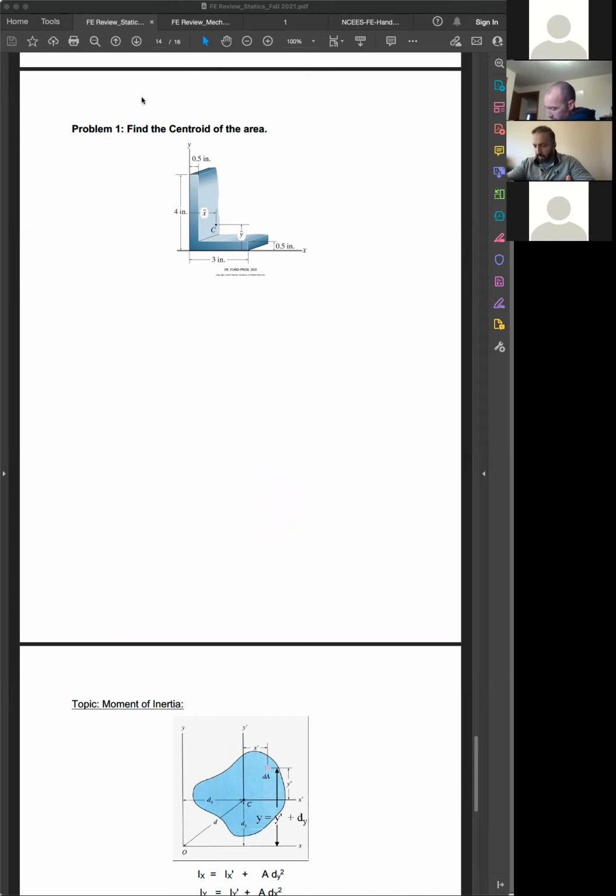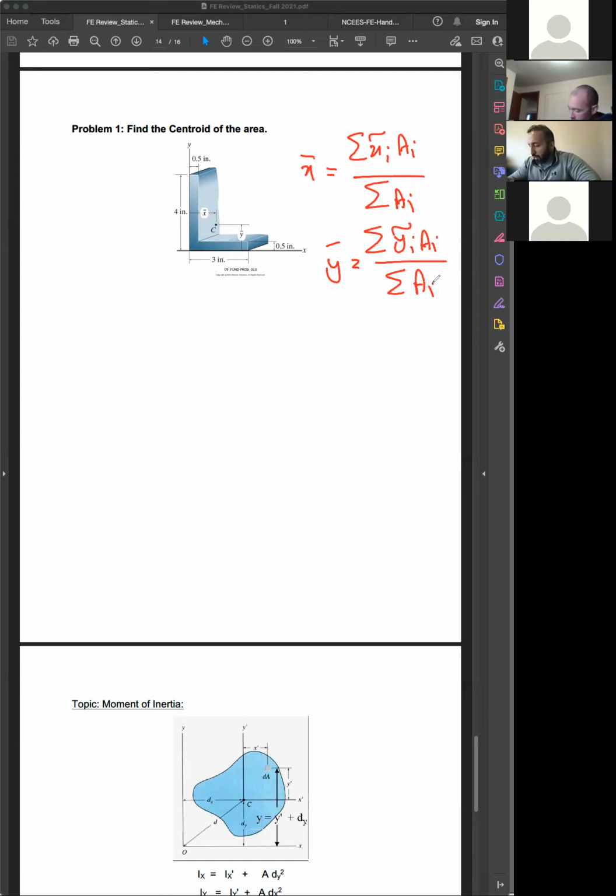All right. How can we do that? This is exactly what I told you: in these systems, when you know the geometry, it would be best to go with these formulas. X bar is equal to the summation of X tilde i times area Ai over the summation of areas, and Y bar would be the summation of Y tilde i times Ai over the summation of Ai.